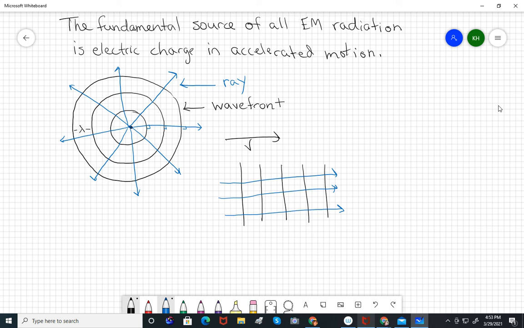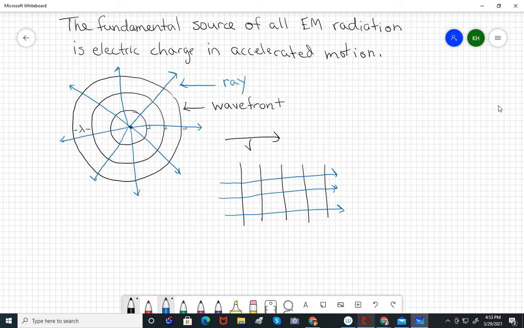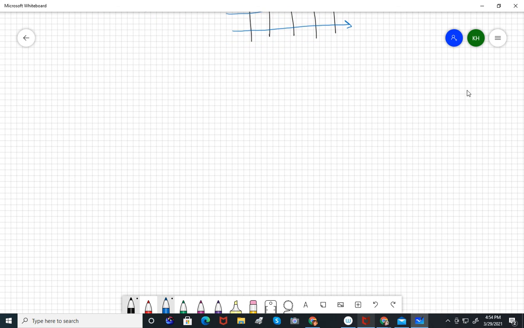You say, well, where do you get a source of parallel rays? Because if I light a candle, it goes out in all directions. Well, one of the places that we can get parallel rays is from the sun. And you go, well, Miss Hughes, the sun spreads light out in all directions. And that's true. But let's draw a picture of the sun. Here is the sun. And way over here is the earth.